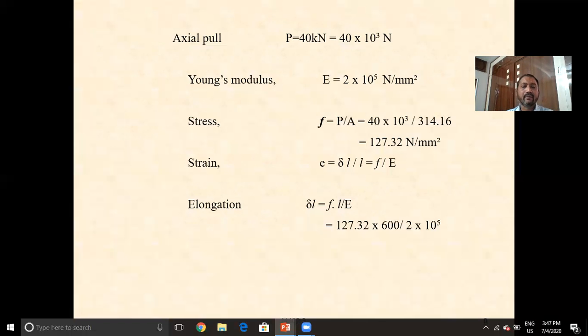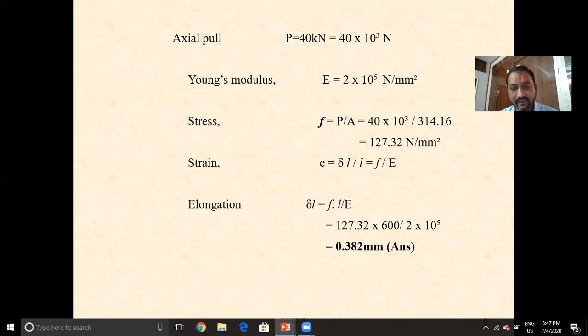So we are having all the values. The only thing is we have to substitute the F value, L value, and E value in the equation. Then we can arrive at the answer. The answer is equal to 0.382 millimeters, because all the units are in newtons and square mm.